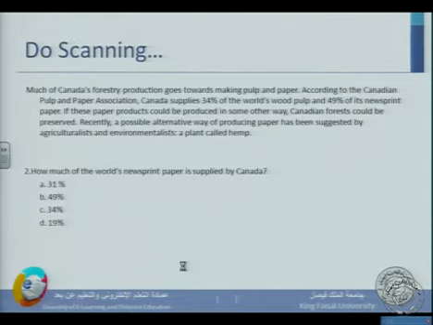Let's do another example on scanning. So today we have a scanning skill. You must pay attention and follow the same steps that I do. Notice now, I'm not going to read the paragraph. I'm going to read the question. The question is, how much of the world's newsprint paper is supplied by Canada?